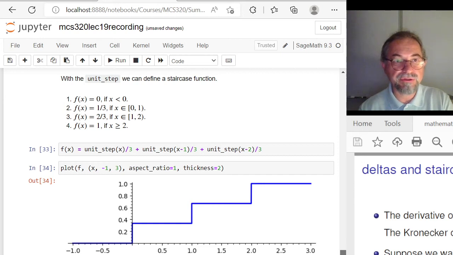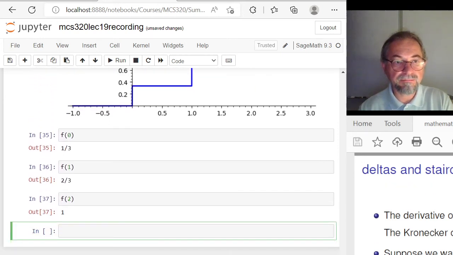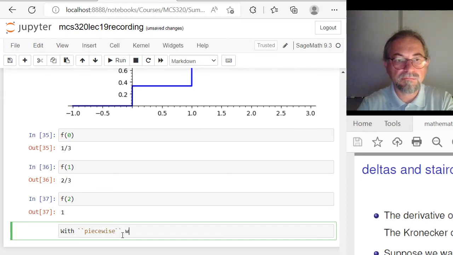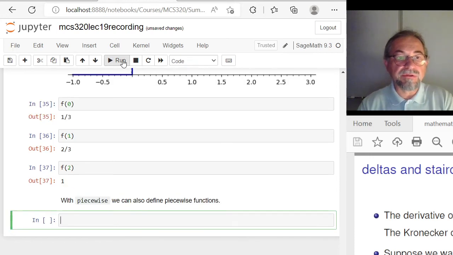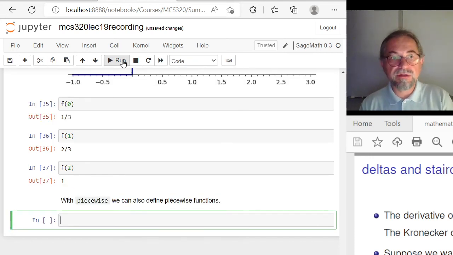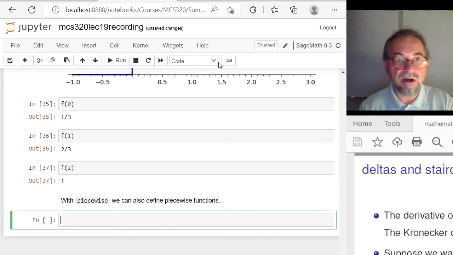So I can use the piecewise. So with piecewise, we can also define discontinuous functions, so piecewise functions. So some rules to know. The piecewise takes one argument, a list.